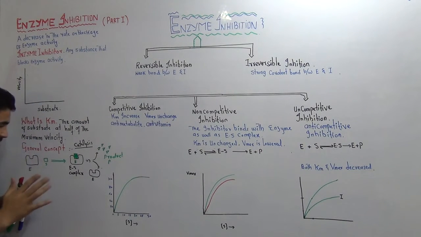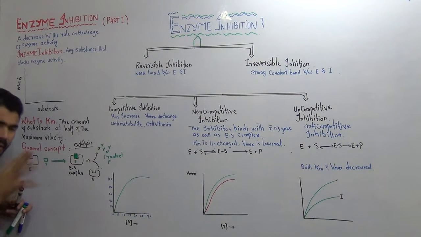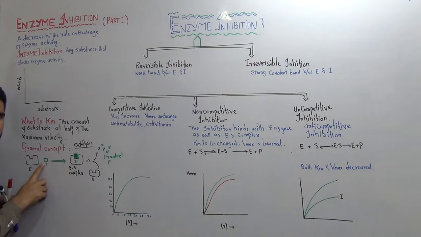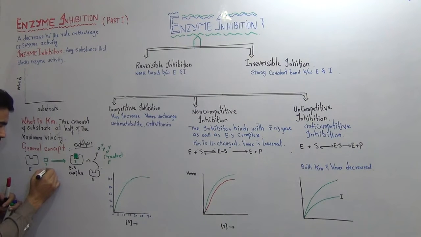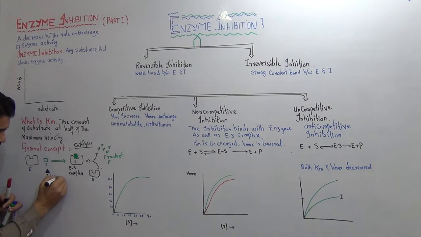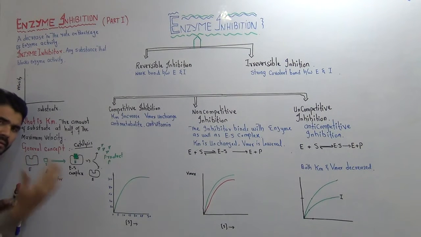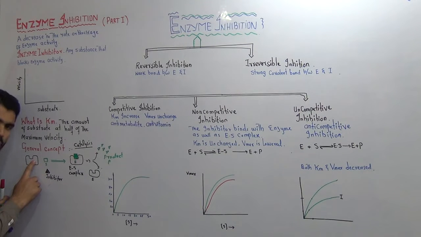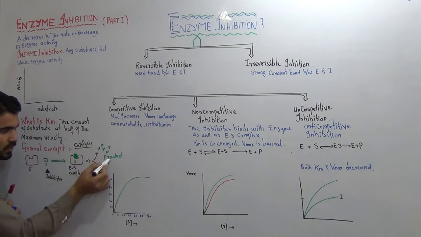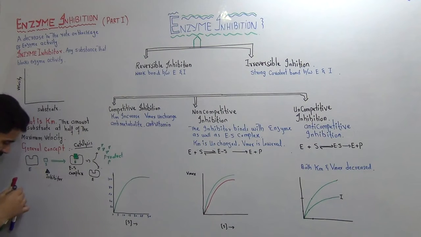Enzyme inhibition is when some other thing besides the substrate is involved. Let me write another diagram, this is something else, and I call it the inhibitor. When this other thing attaches with the enzyme in such a way that the substrate is unable to convert into product, again I'm going to write the enzyme.